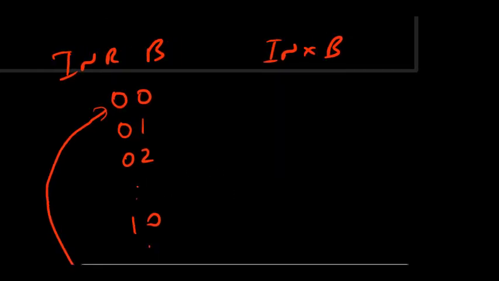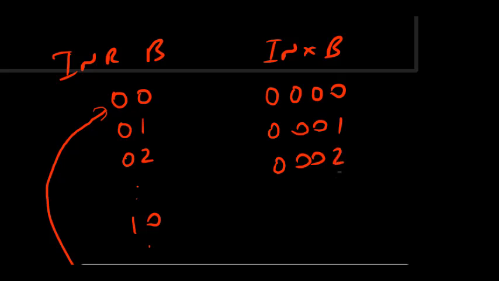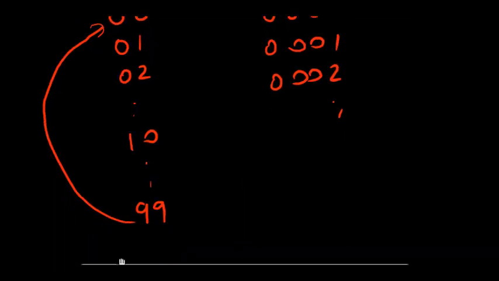Now suppose we have a 4-digit counter. Now if we increment, this counter will count: the first count is 0001, then 0002. It will continue, and maybe we get 0099. But after 0099 what will happen?